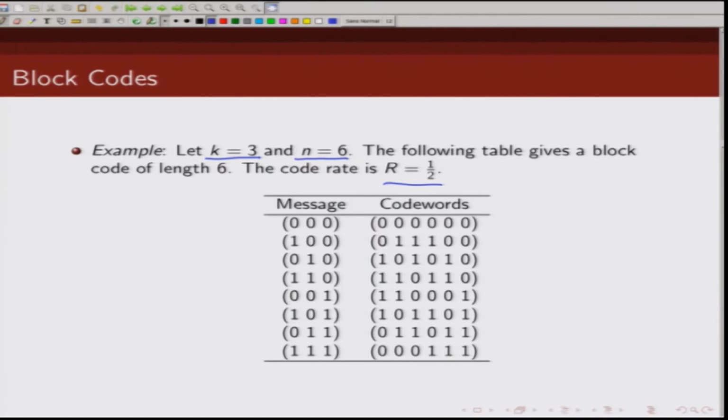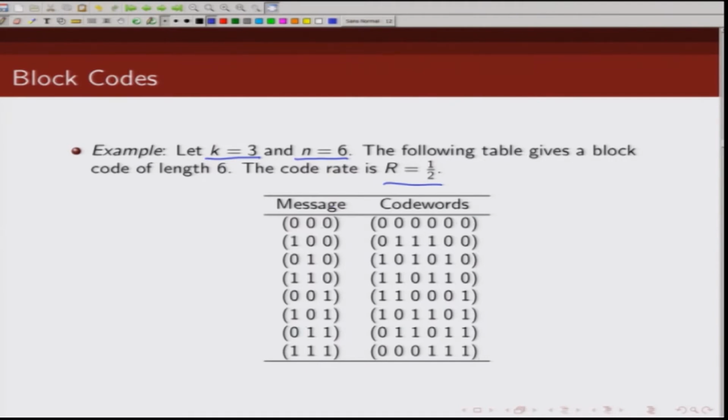Now, k is 3, that means there are 2 raised to power 3, which is 8 code words, and the messages are from 000 to 111. These are the 8 message words, and corresponding to them, these are the 8 code words.